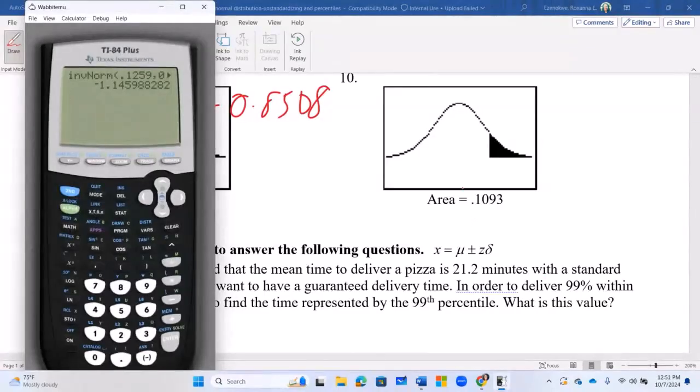So I'm just going to do it in my calculator straight. What I'm going to do is second distribution, number 3. I want 1 minus 0.8508.